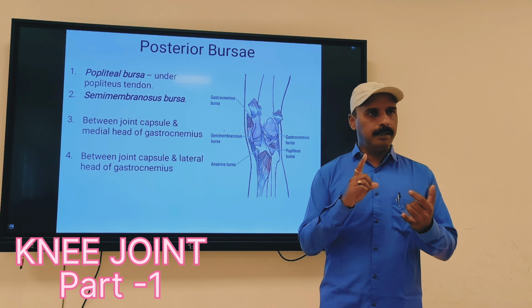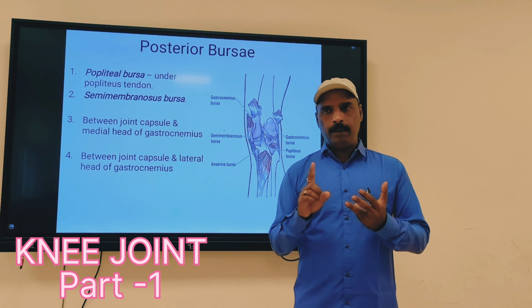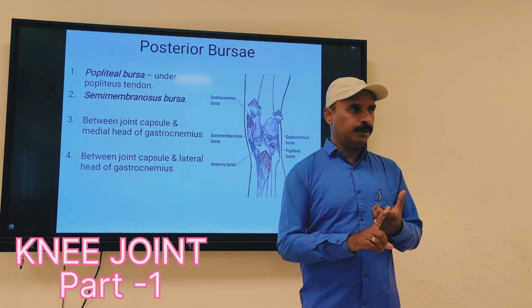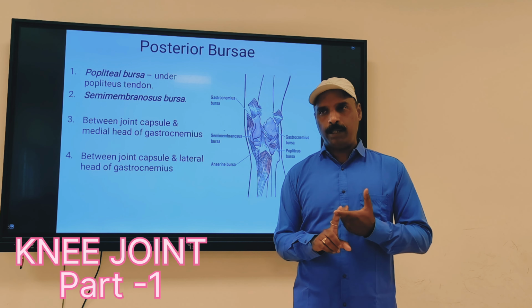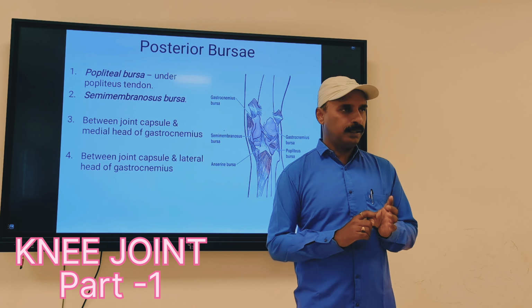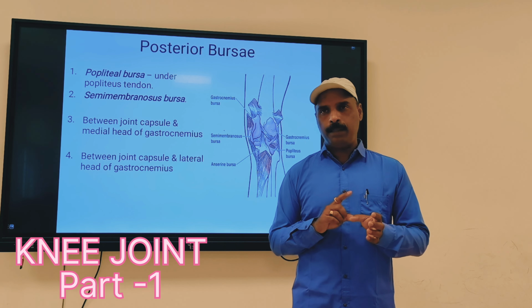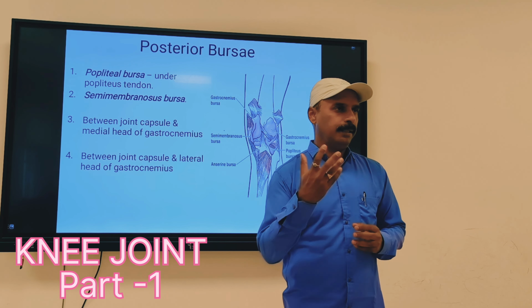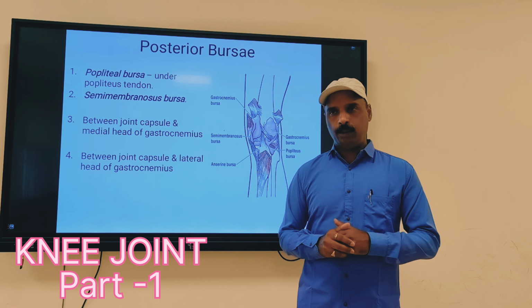In that we have studied the introduction, articular surfaces, type of joint, then the strength or stability of the joint. Then I explained the 11 ligaments in detail, and then the bursas present in the knee joint.